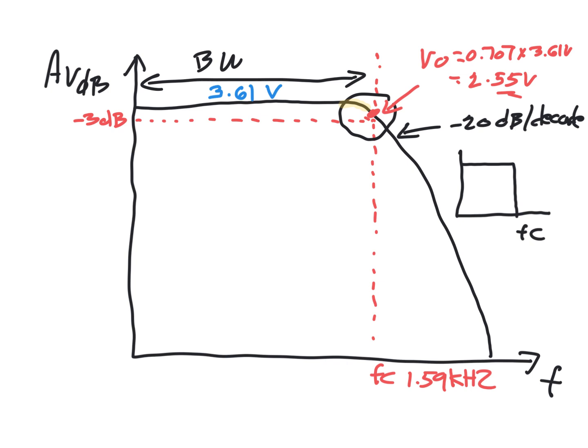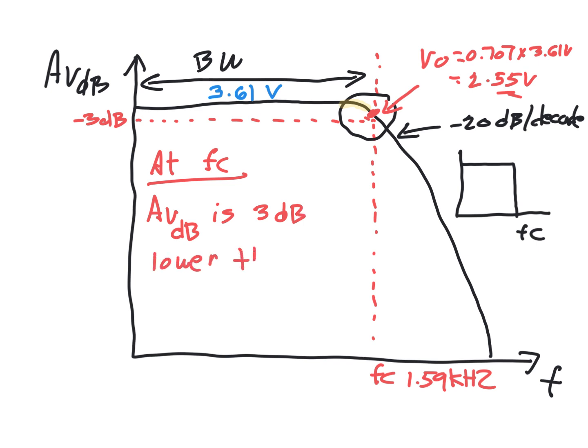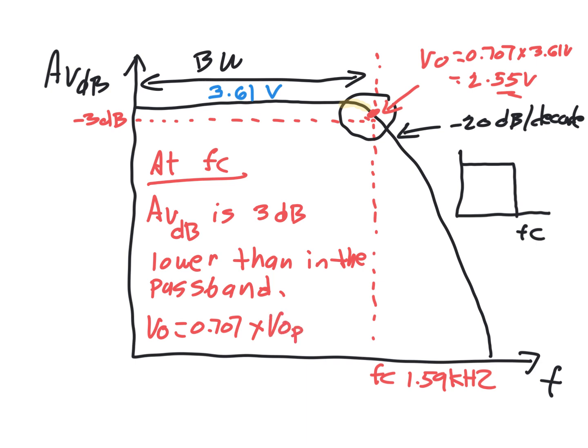So at FC, the decibel voltage gain is 3 dB lower than in the pass band, and VO is reduced by 0.707 times the output in the pass band.